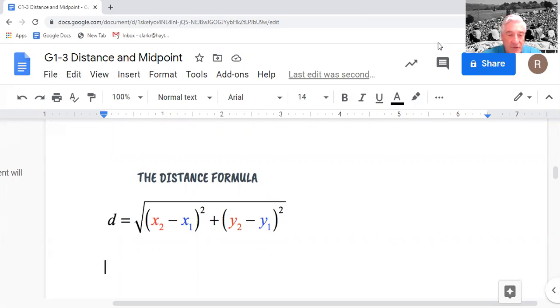Let me start with the easy one. Let's make one of the distances 0. That is, my points now 0, 0. And my second point will be 5, 7.